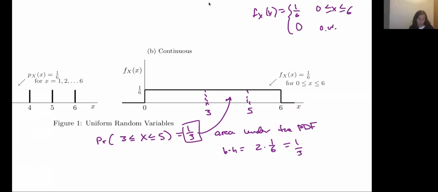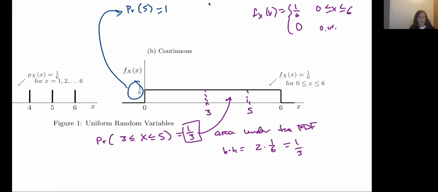How did I know that the height of that interval had to be 1/6? I used the fact that continuous random variables, just like discrete random variables, have to obey the Kolmogorov axioms. This is what we need for the probability of the sample space to be 1.